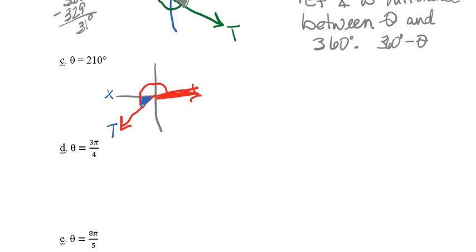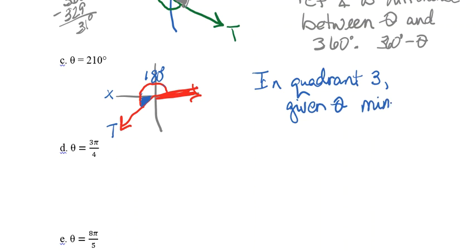Since I went 210 degrees, and I know all the way from the positive x-axis to the negative x-axis is 180, the reference angle is going to be the difference between our angle and 180. So in quadrant 3, do the given angle minus 180. So theta minus 180 degrees will be our reference angle.